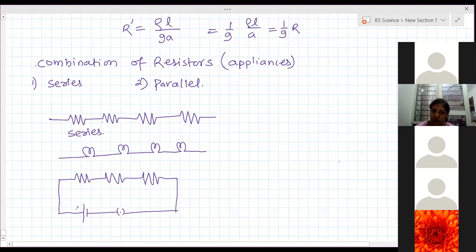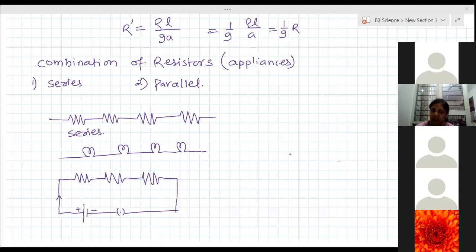So this is the battery, positive, negative. Current flows through this and the same amount of current flows through each resistor. There is only one path for the current to pass. So that means the same current flows through each resistor.